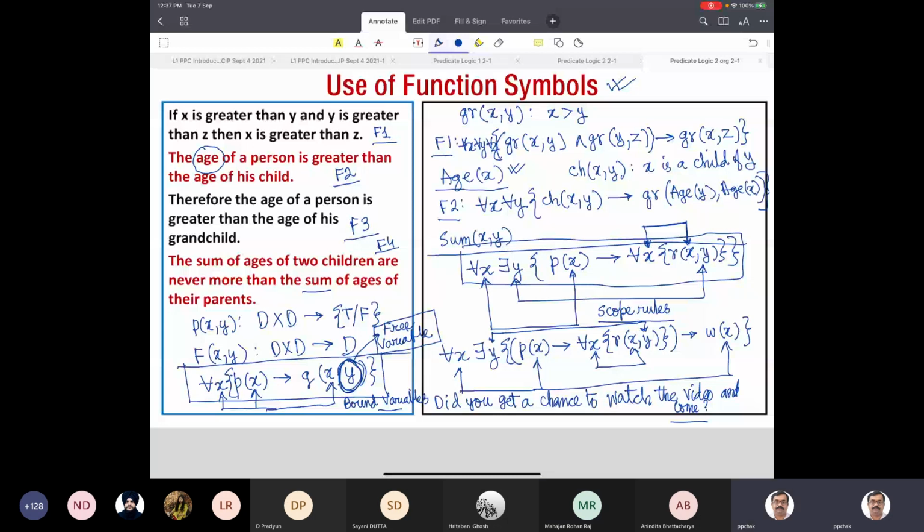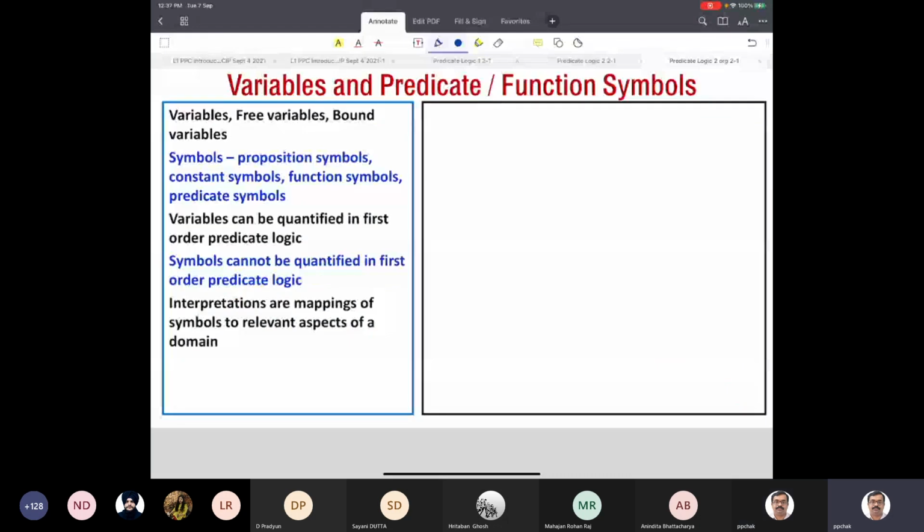So now we come to certain terms and terminologies. The first term: we know what variables are. We have just seen what free variables and bound variables are. We have also seen what proposition symbols, constant symbols, function symbols, and predicate symbols are.